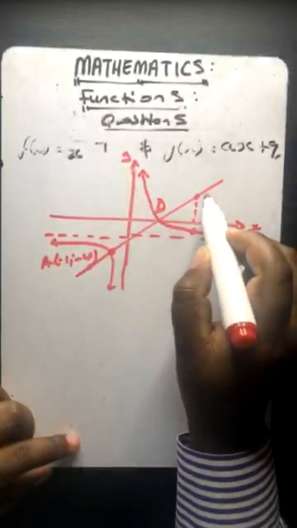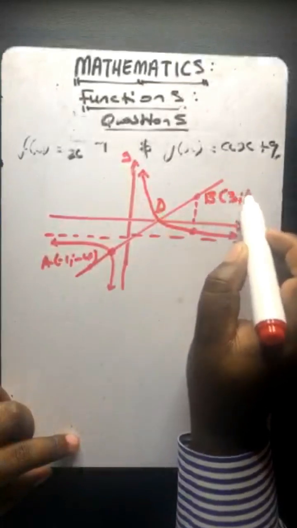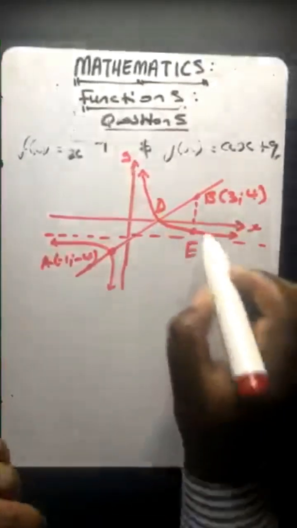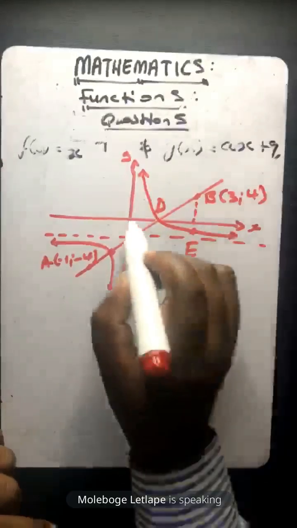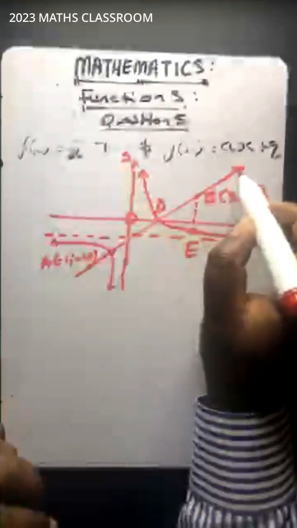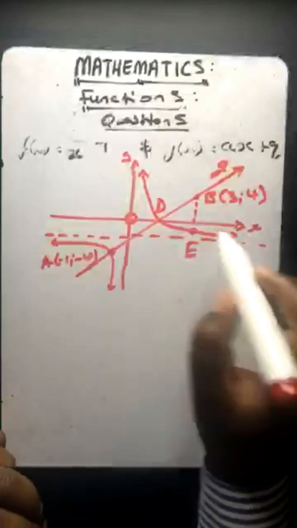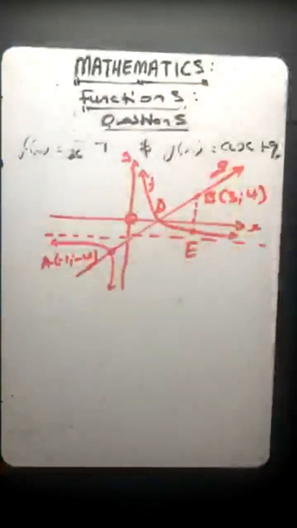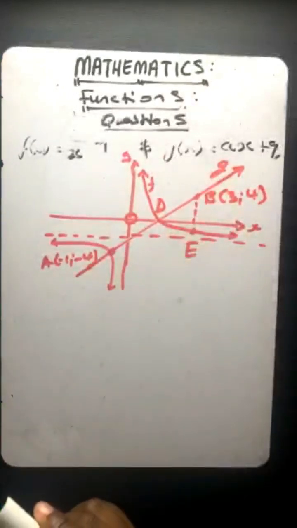Then they say this one is B, which is 3 and 4, and this one being E. E is that point there, and then you have that being the origin. Most importantly, that one is a straight line, it's G, and then this one is F. That's how you quickly redraw the given information there.